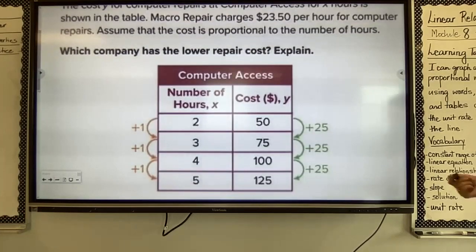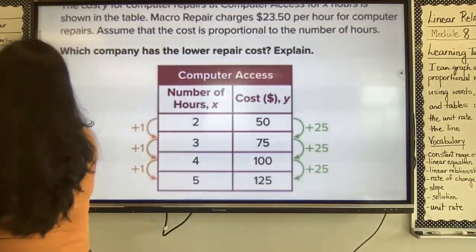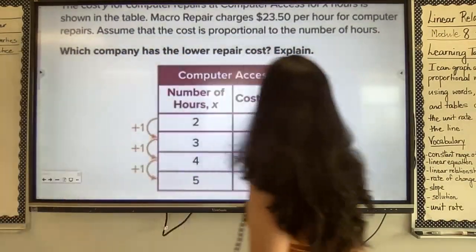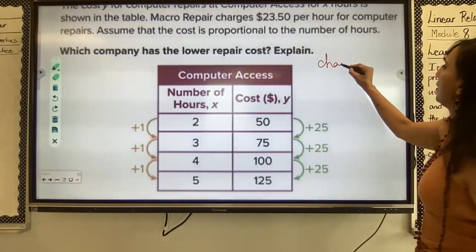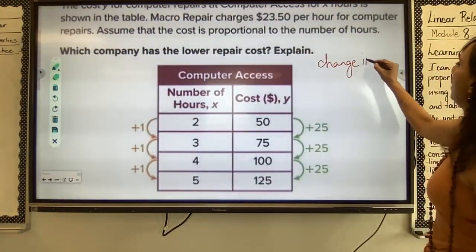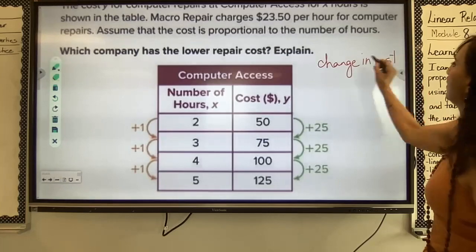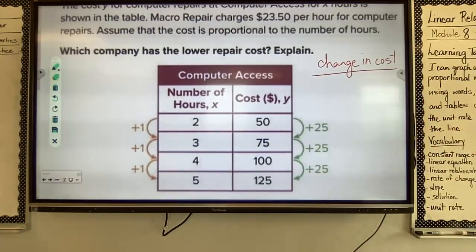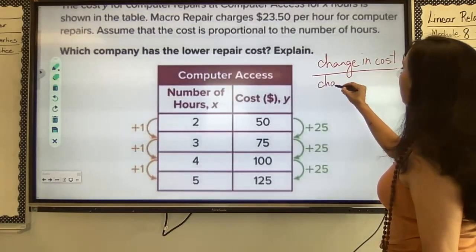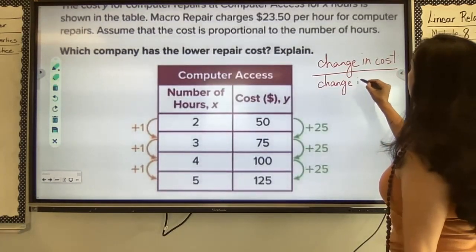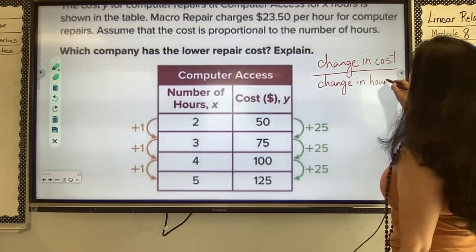So this is going to be our change in cost over change in hours.